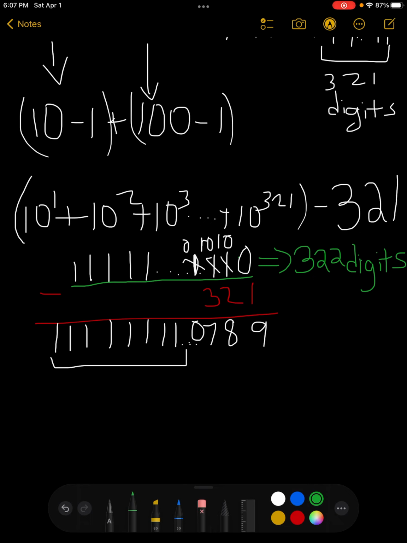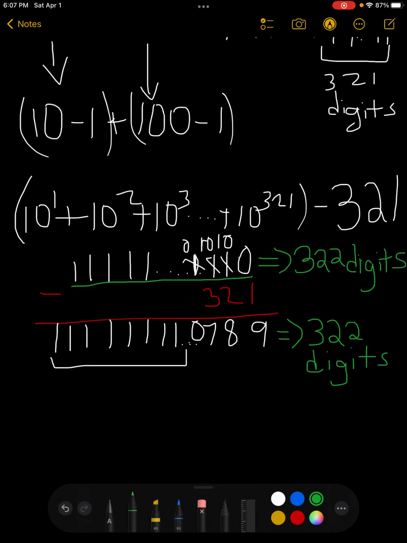And because this number has 322 digits, this number will also have 322 digits, because subtracting just 321 won't affect the number of digits in the difference.